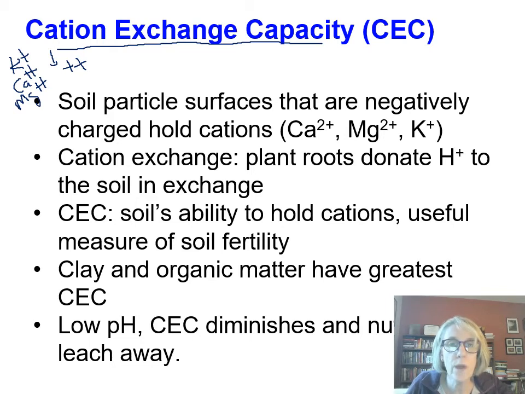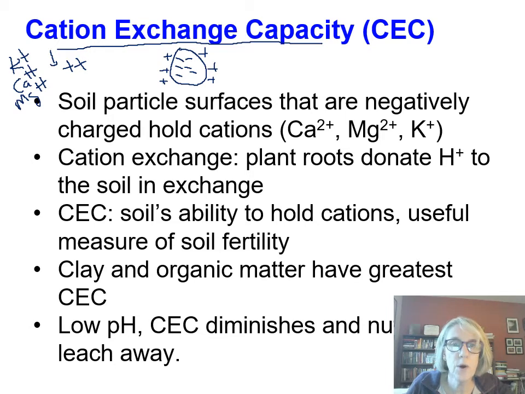So if the soil has negative charges on it, so if there's our soil particle, then the positive charges are going to basically bind to that soil, and the soil can hold on to those more easily if they have these negative binding.